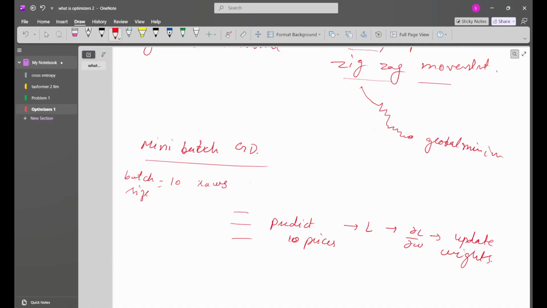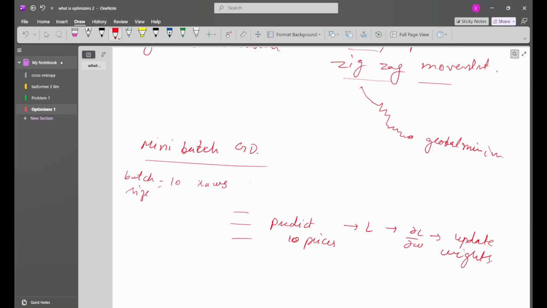We can make two batches for 100 rows, 50 rows first, 50 rows second. So in one epoch, we did two weight updates. This is slightly better. We were able to reduce some noise in our training, and the zigzag movement also reduced.